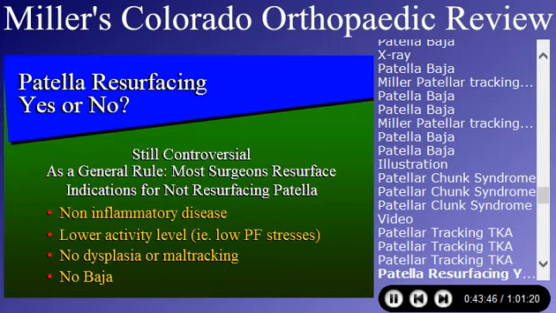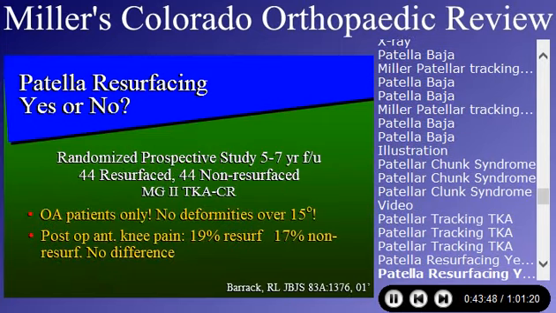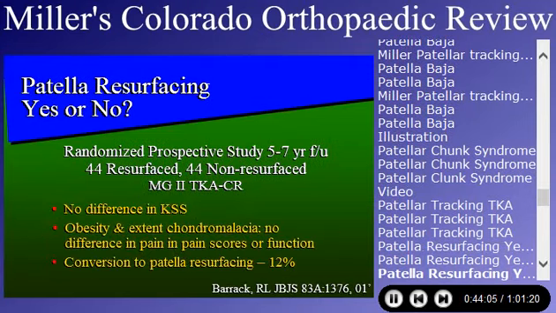This is one randomized prospective study, the VA study out of Texas. They examined osteoarthritis patients only, no deformities over 15 degrees of varus or valgus. Postoperative anterior knee pain was about the same between the two groups, but look at this group: OA patients only, no deformities, no BAHA, okay? They found no difference in knee scores.